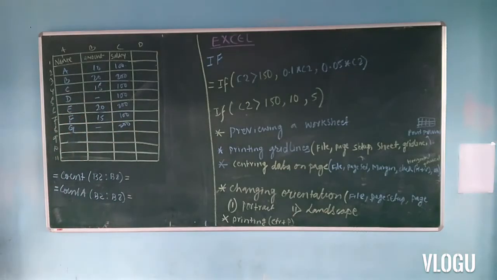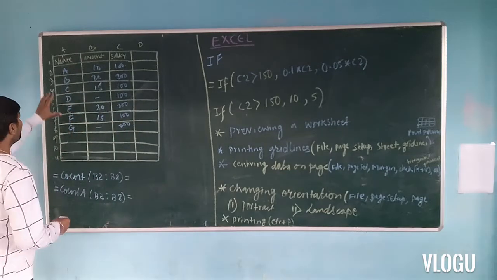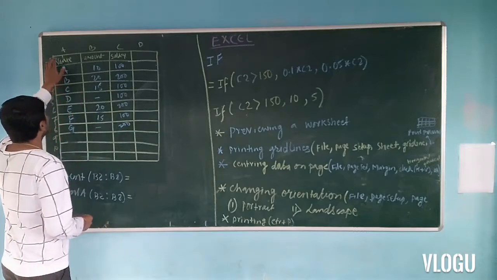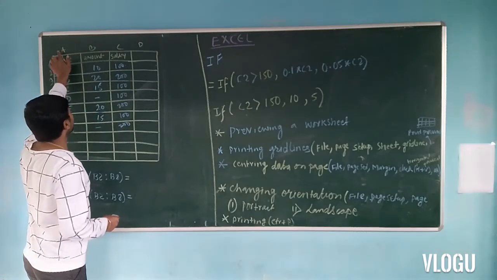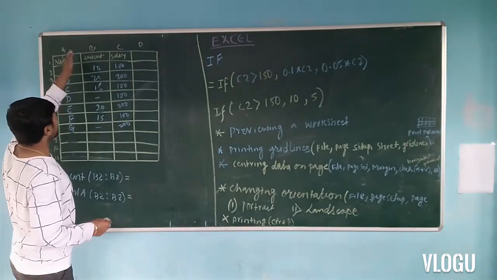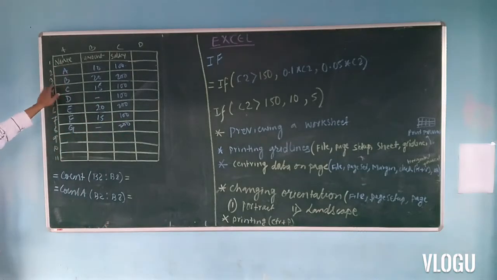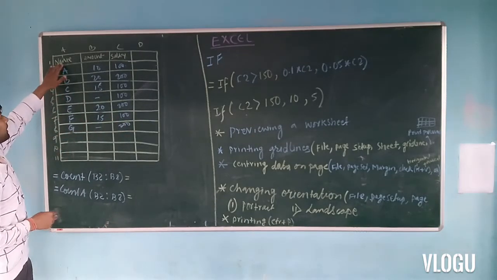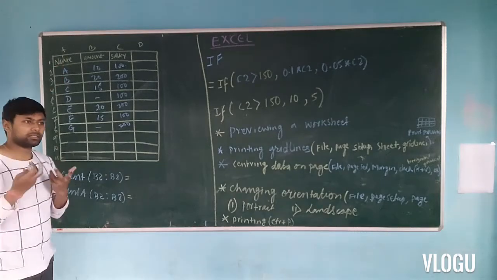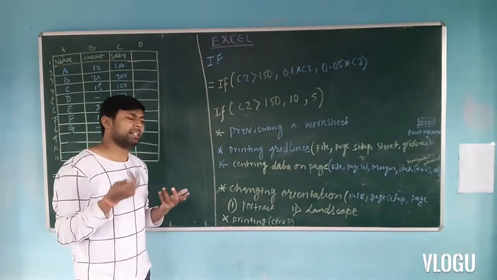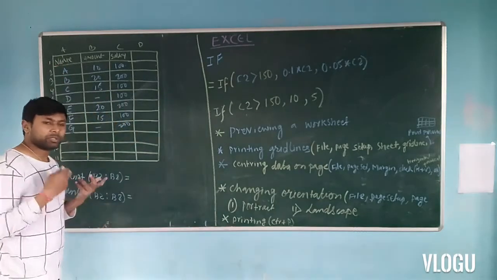Now see, this is the Excel spreadsheet. Horizontally the rows are 1, 2, 3, 4 up to 11, and vertically the columns are A, B, C, D. Here is the name of the person, any teacher or laborer or anybody.